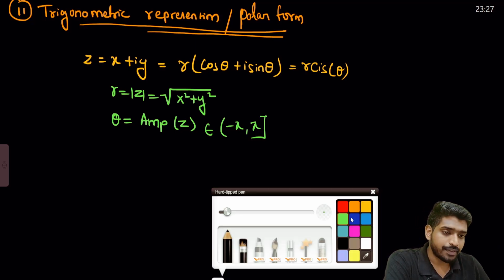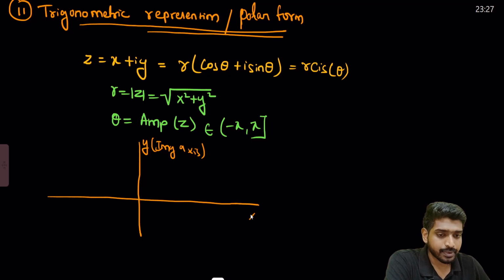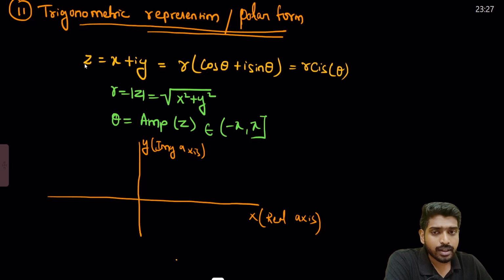Now if I want to represent this in the complex plane, I'll draw my y axis or imaginary axis, next draw the x axis or real axis. This complex number I represented with the help of this r and this theta. This r is nothing but the distance of this complex number from the origin.